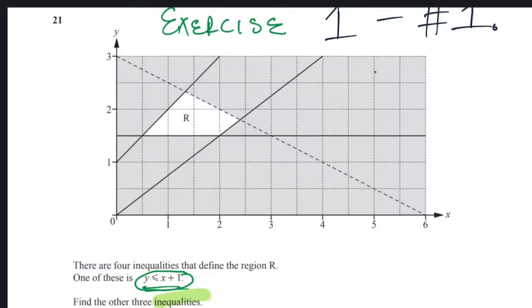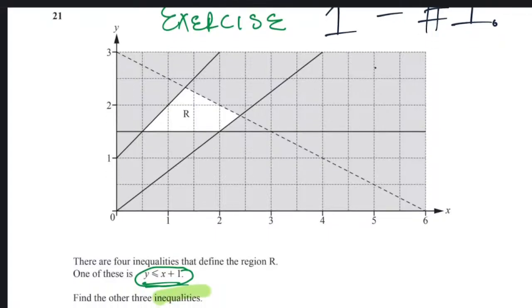So I want you to get to a line and you don't know its equation. So in your head you remember, Mr. Clarify told me, if I want to define a region, I need to know all my lines. They are equations. And if I want to get an equation, I may not know it, like this one in green.